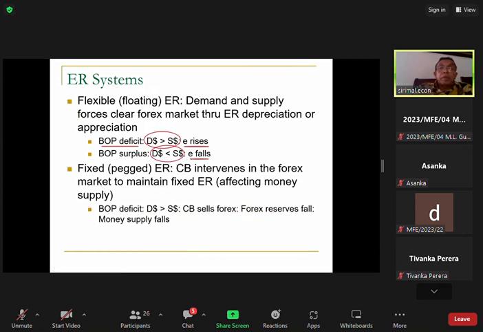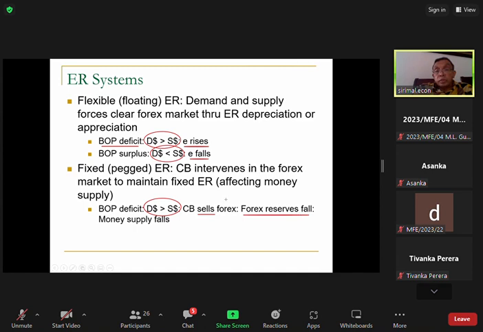For example, BOP deficit. That means there is excess demand for foreign exchange. The central bank has to sell foreign exchange. Where does it get foreign exchange to sell? Not by printing.